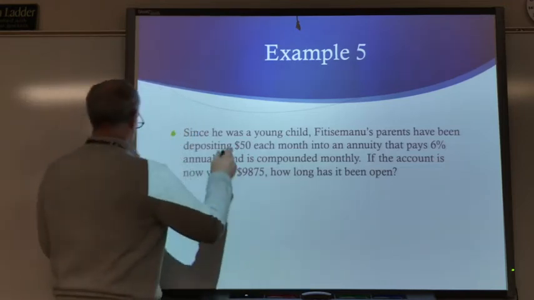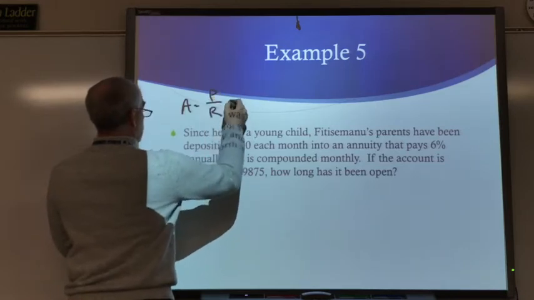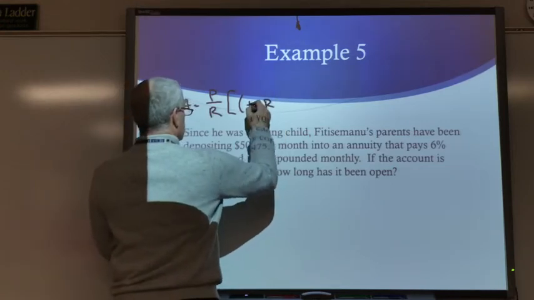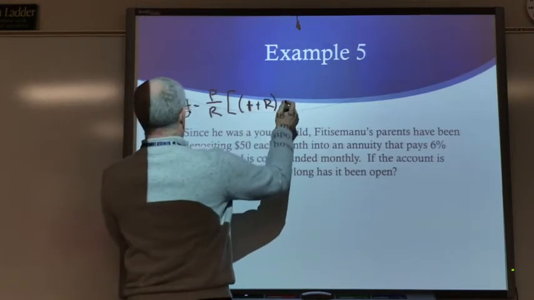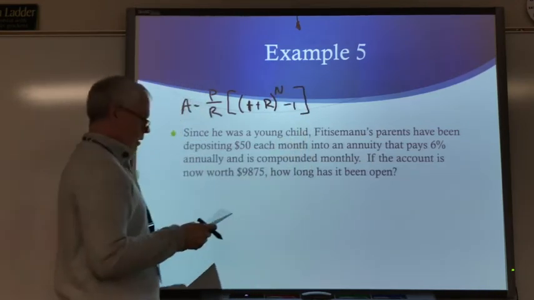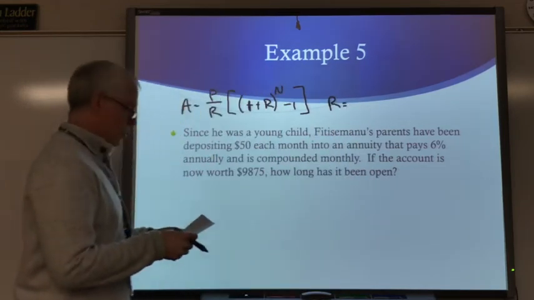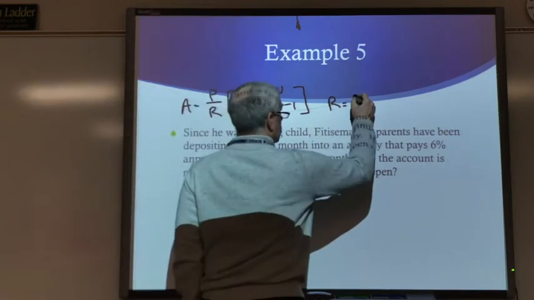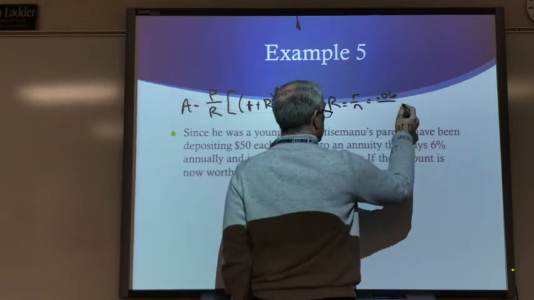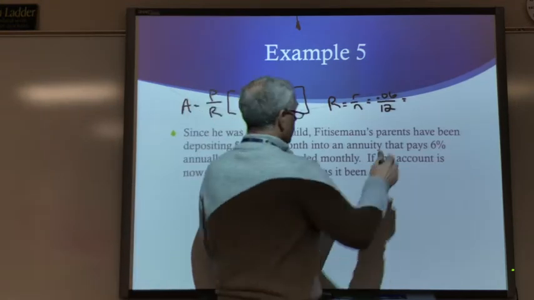All right, so our formula like so. R was equal to R over N, which in this case is 0.06 compounded monthly over 12. Okay, and that gives you 0.005.